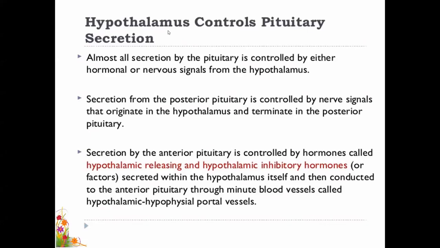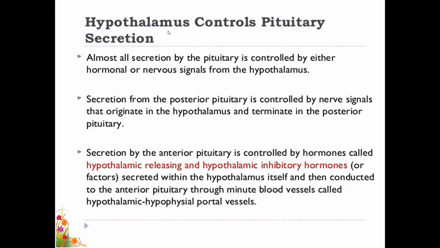Okay, I think you have gone through the slide. So the content is very simple. Almost all the secretions by the pituitary glands, both anterior pituitary as well as posterior pituitary, are controlled by either hormones or nervous signals from the hypothalamus. The first point, the pituitary gland is totally controlled by the hypothalamus. That can be through the hormones or through the nerve signals.